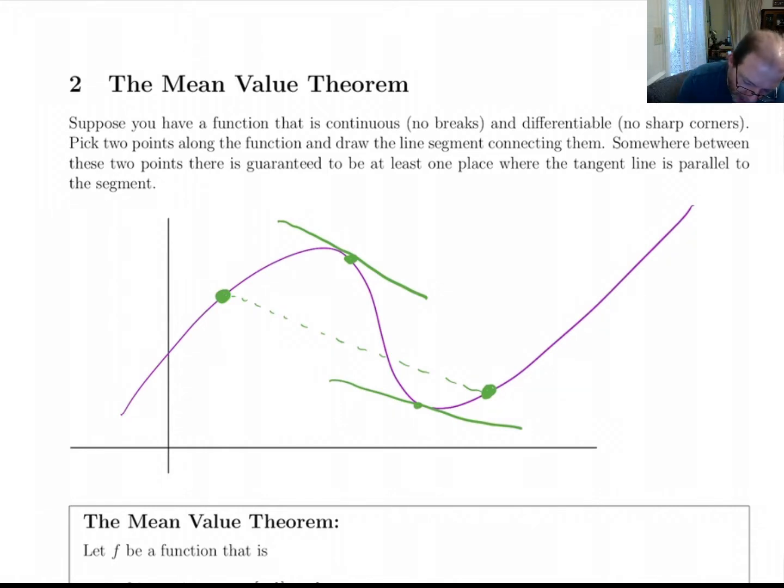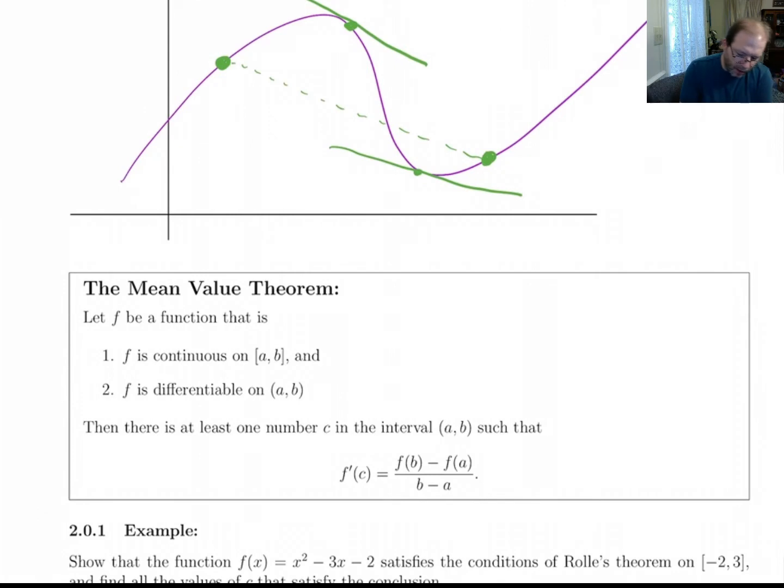Now, it does require that the function is continuous and differentiable between those 2 points. So let's look at the formal statement of this. Let f be a function that is continuous on [a, b] and differentiable on (a, b). Then there's at least one number c in the interval from a to b that satisfies this.